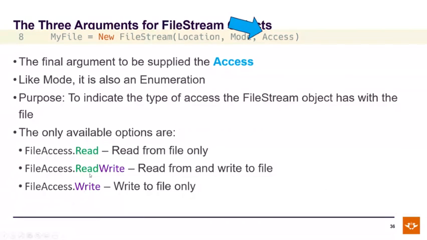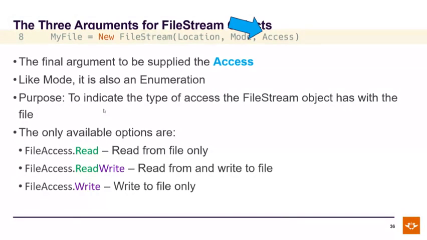So it's better if you use the representation itself, FileAccess.Read, because you know specifically what you're trying to access then, but you can use integers there as well. So the purpose is to indicate the type of access the file stream object has with the file itself. So the only available options are read, read-write, or write. So this dictates the type of access you have to the file.